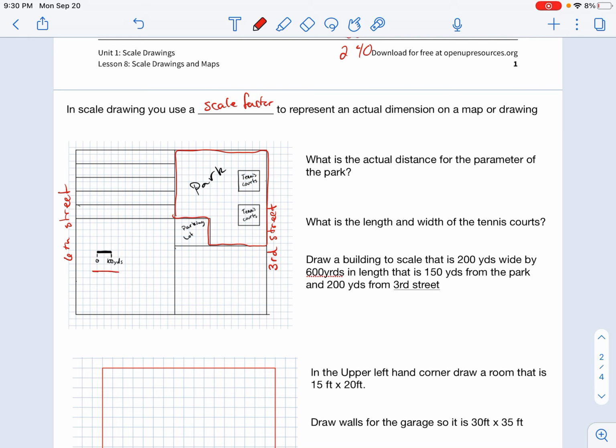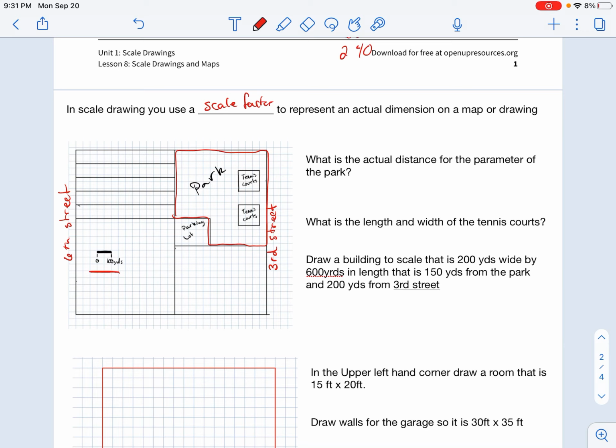Our scale on this one is 100 yards is equal to 2 of those squares. So we're going to do the same thing here. We're going to use that scale to find the actual distance around this park, which I outlined in red.